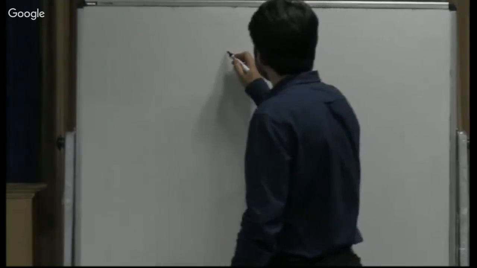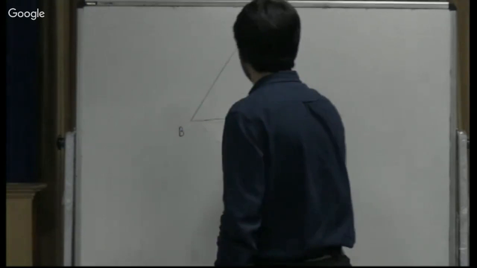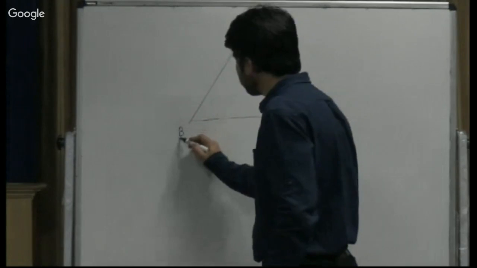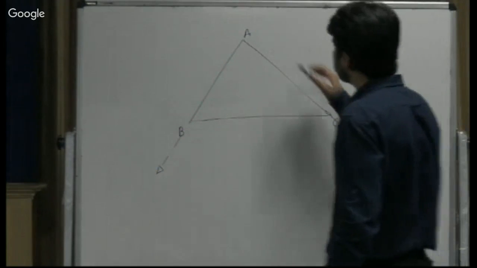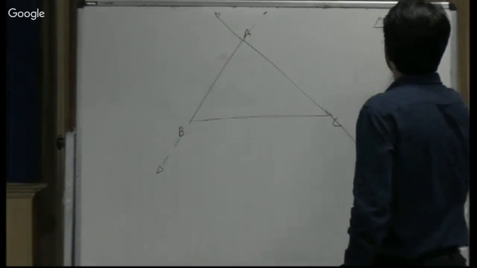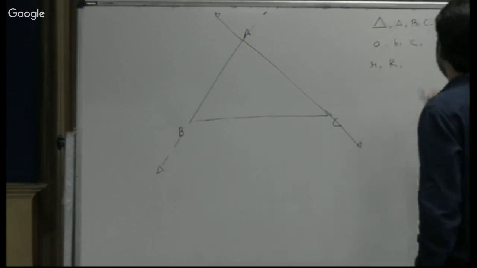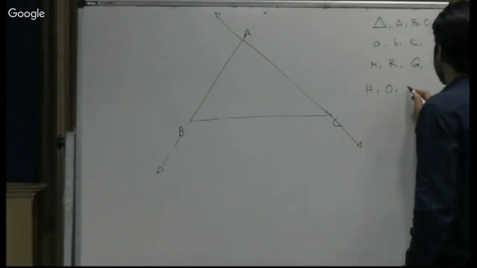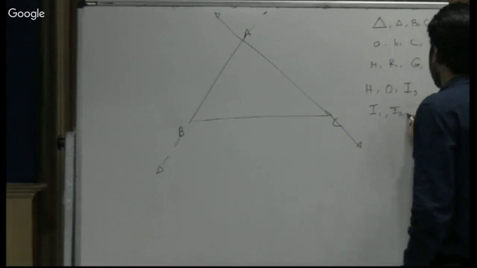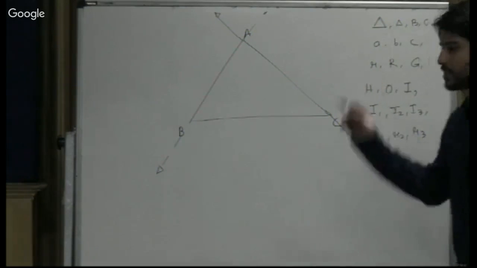Let's say this is my triangle ABC. Okay, these are the symbols which we are going to use.